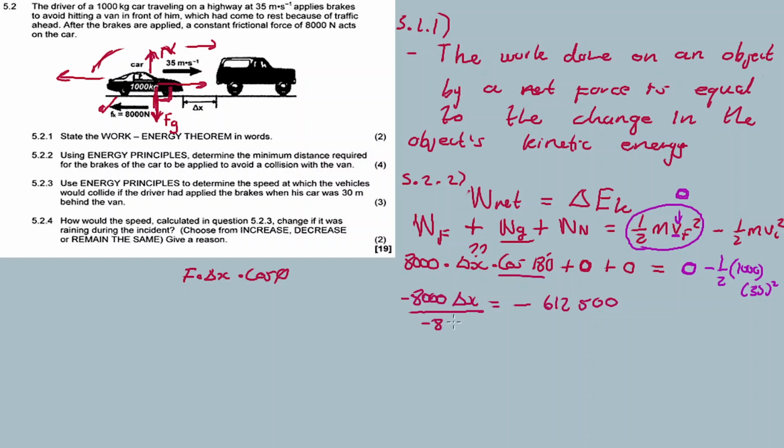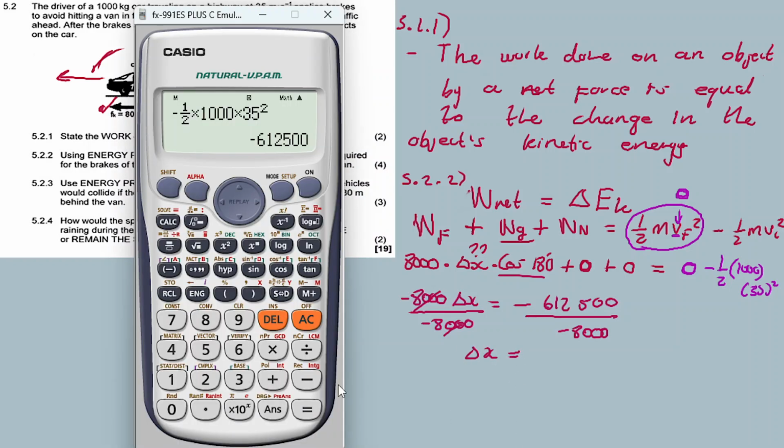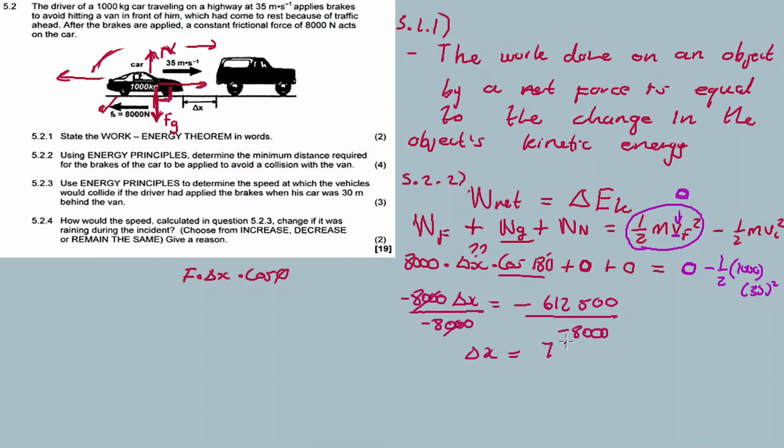Divide both sides by -8,000. They cancel. Delta x is equal to 612,500 divided by -8,000, which is 76.56 meters. So this is the distance at which the driver must apply the brakes.